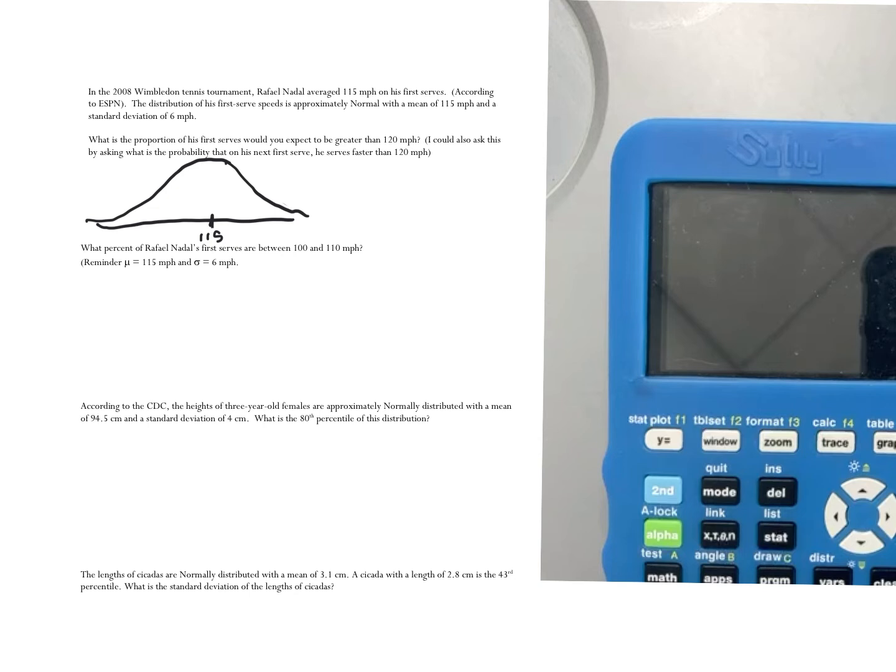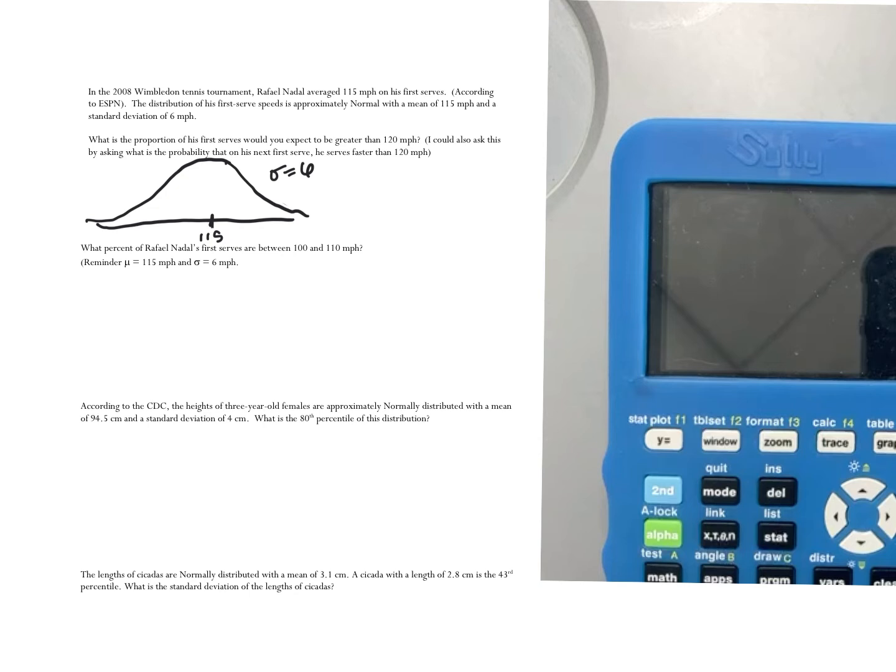And what is the standard deviation? 6. So the first thing I'm going to tell you is no matter what, if you use the calculator to do normal distribution stuff, if you choose normal CDF, if you choose inverse normal, I expect to see a picture. And on that picture, all of these things need to be there: normal curve, center, and spread. Has to be communicated to me. Everybody good so far? Okay.